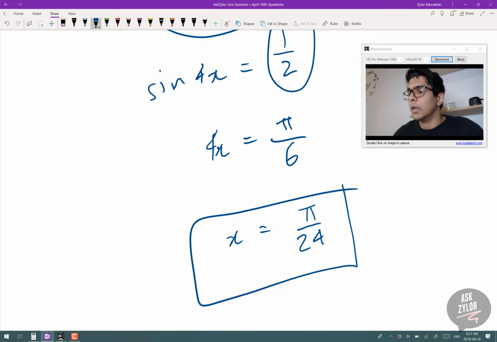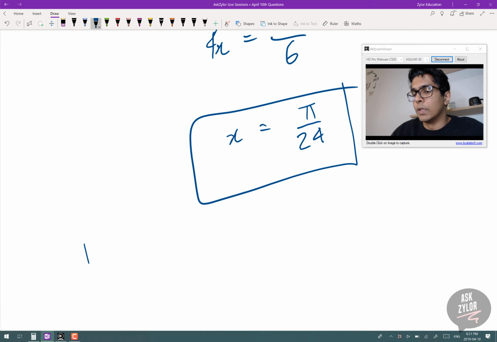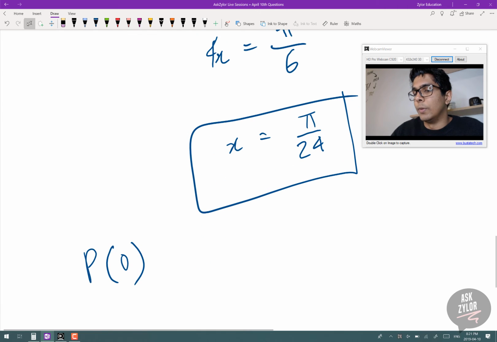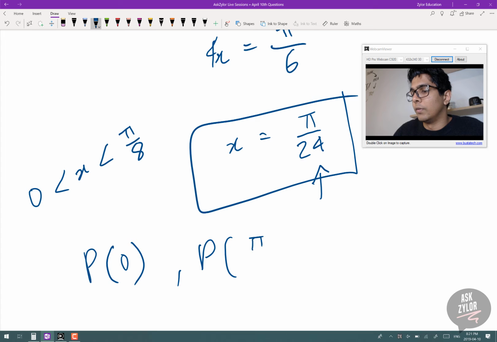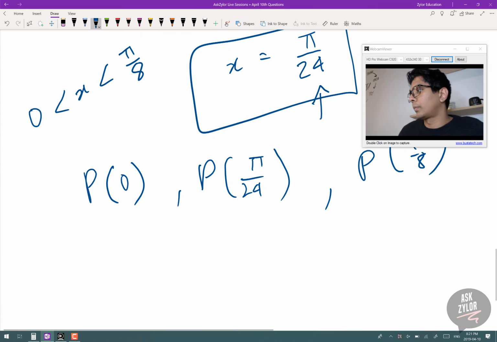There's only one answer. So then what we have to do is go back and plug in the endpoints of my domain. So my domain was 0 to pi over 8. And I want to plug in what my critical point was, because that's what I found over here, pi over 24. And then pi over 8, which is my other endpoint.